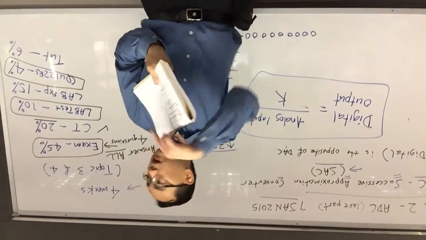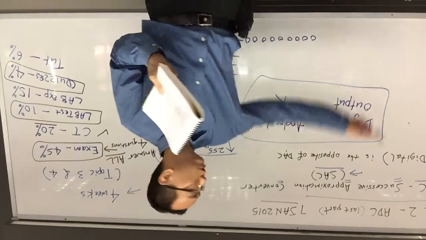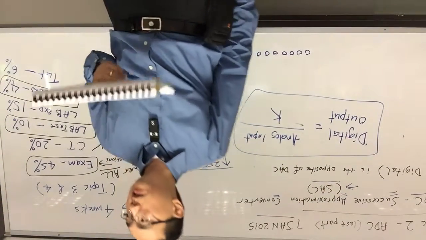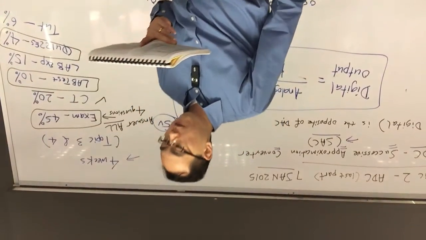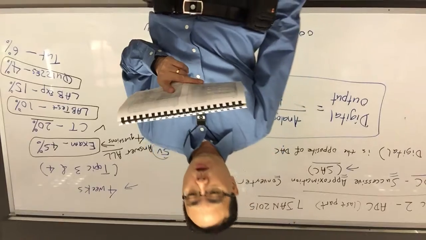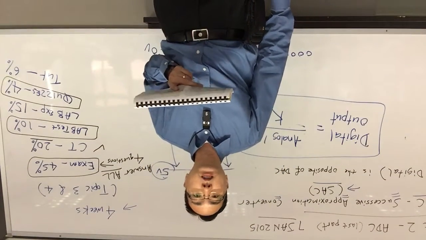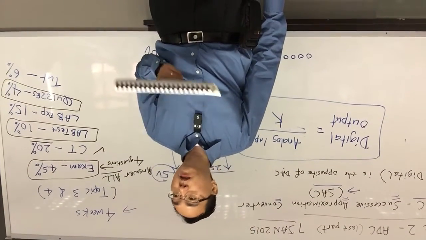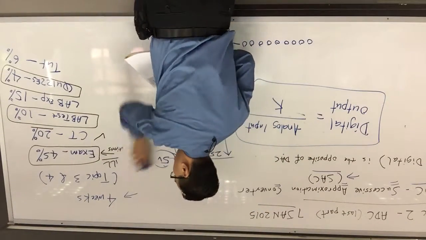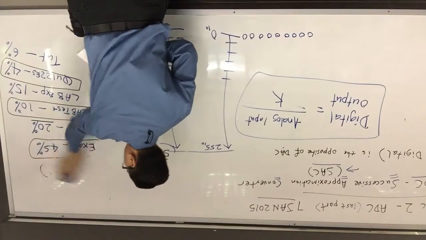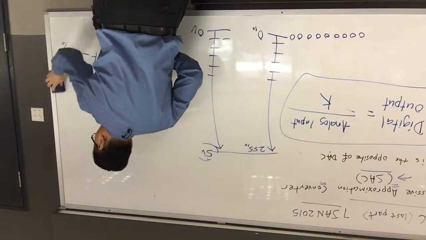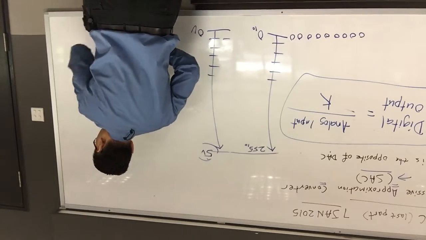We are looking at the survival guide, topic 2, the last part. It says that it has a resolution K of 20 millivolt. Let me erase this part. 20 millivolt.